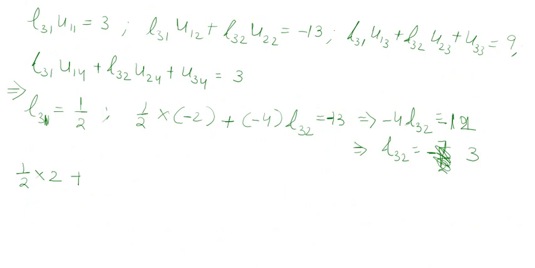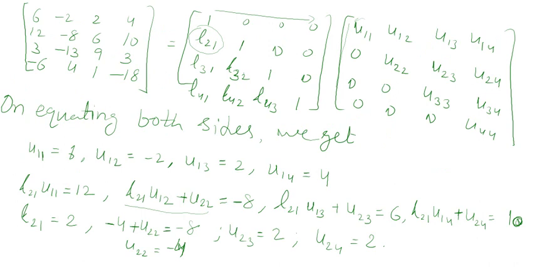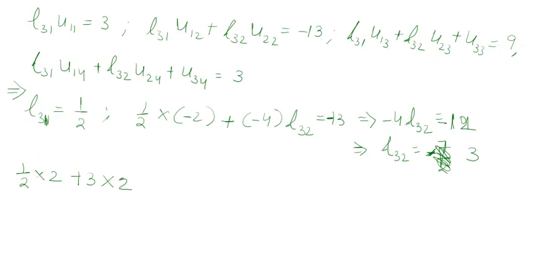So L32 is positive sign now with 3. L32 is 3 times U23. So U23 is 2. Okay. Right. Plus U33 is equal to 9.